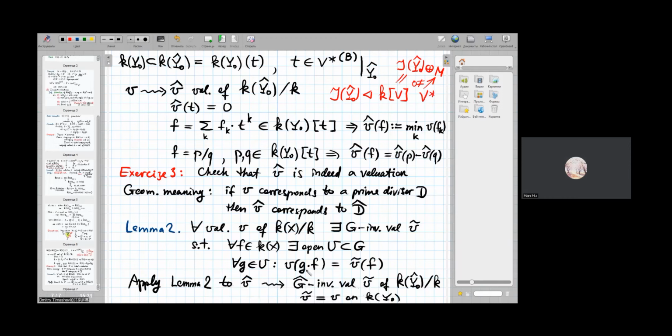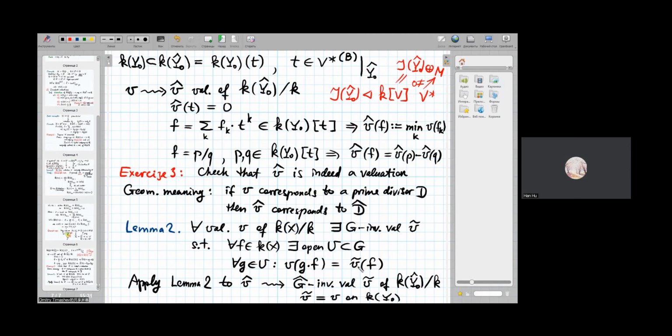This readily stems from the lemma, because the lemma says that you can replace a given valuation, now V hat, with a G invariant valuation, V tilde, such that it will take the same value on all shifts of F under general elements of the group. So if you take an element g sufficiently general in some open subset, then these values will be the same. Here you can also put g, because V tilde is G invariant. So you can put small g here and nothing changes.